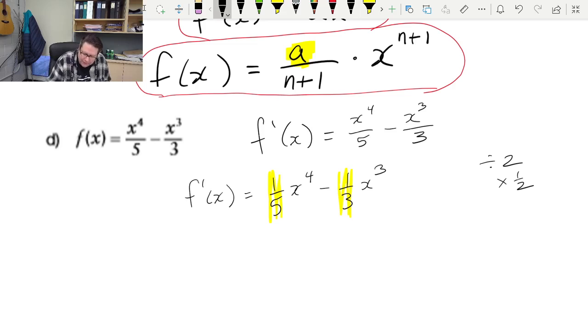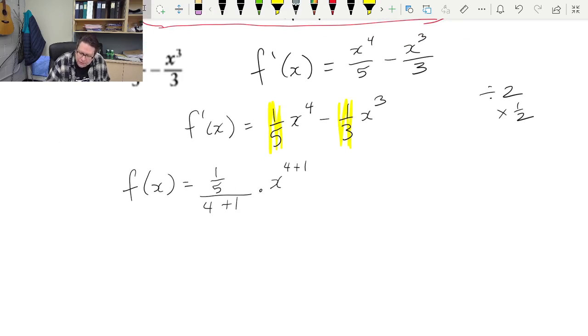If this is f prime of x, then f of x is the a value, and here it is again, the a, which is 1/5, divided by n plus 1, n is 4, so 4 plus 1, times x to the power of n plus 1.